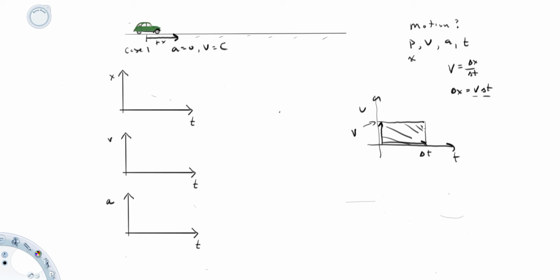This is true when your velocity is constant, but it's also true when this is some sort of function. This area bound under this curve would give you the delta x for that curve. And this fact is what we use to go from our velocity information to a position function, like x as a function of t.